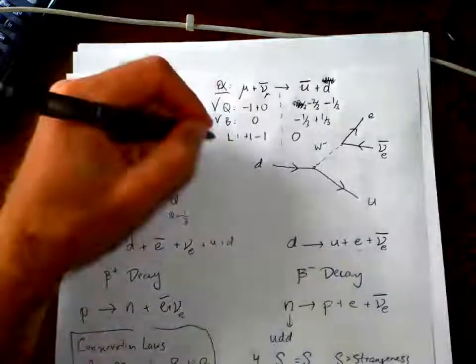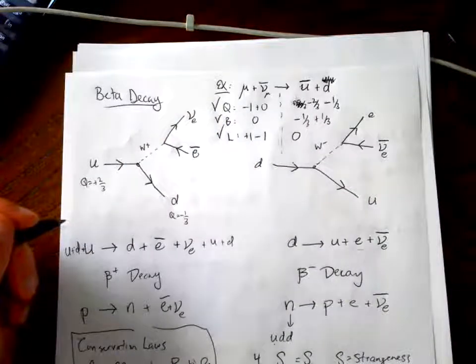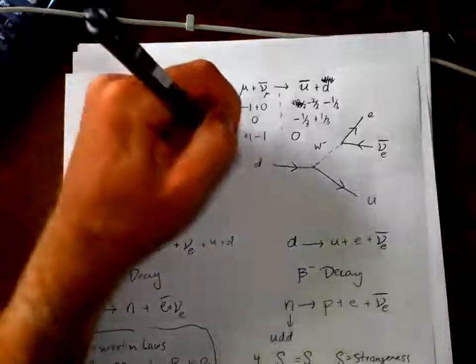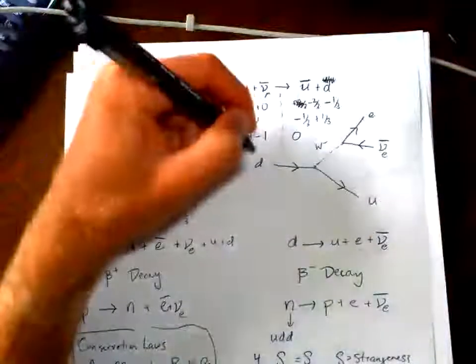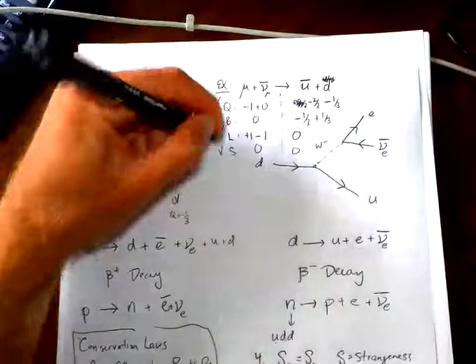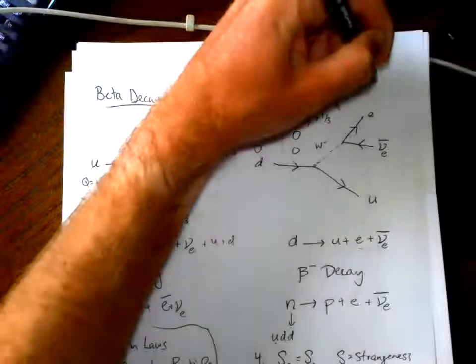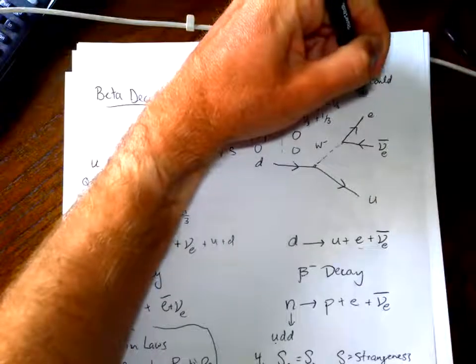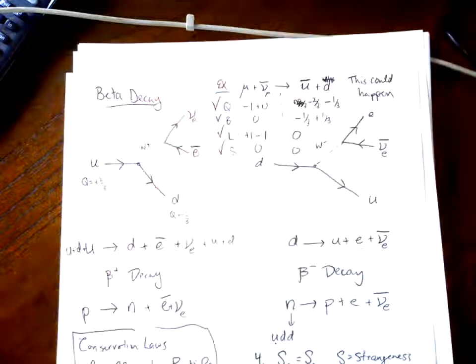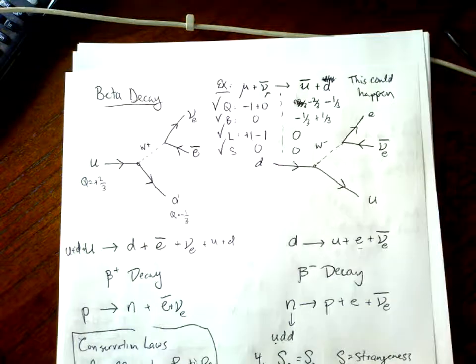So this could happen in terms of lepton number. And in terms of strangeness, there are no strange quarks in this reaction, so it's just 0 equals 0. So strangeness is conserved. So this could happen. All the conservation laws are satisfied.